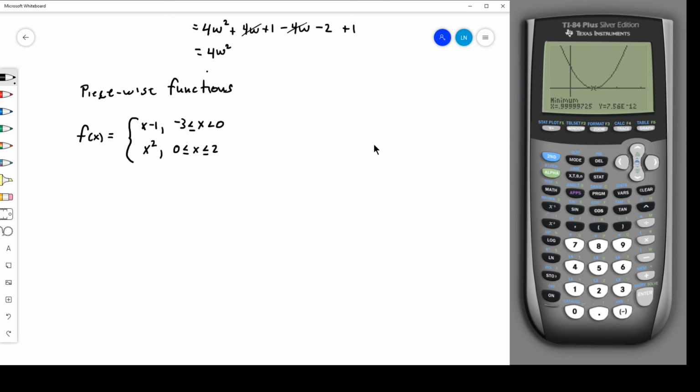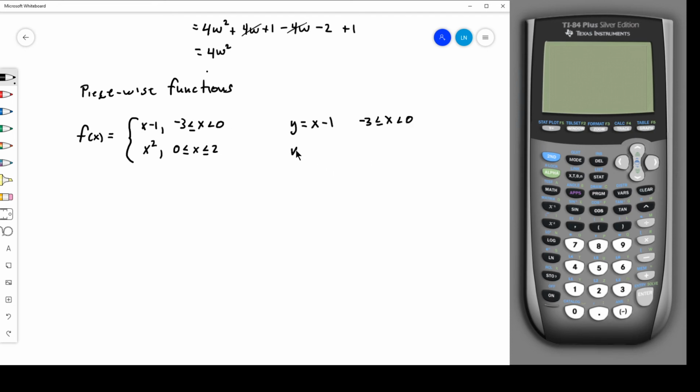When you think of a piecewise function, you're really thinking of two different functions. I've got one function, y equals x minus 1, which is only defined between -3 and 0.